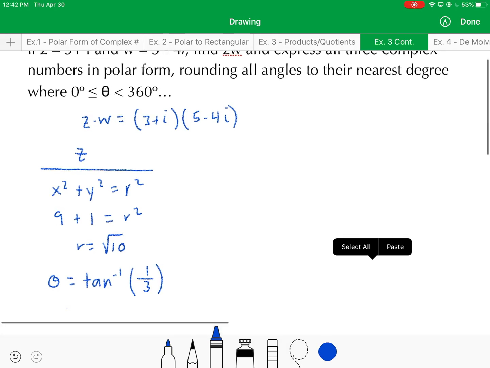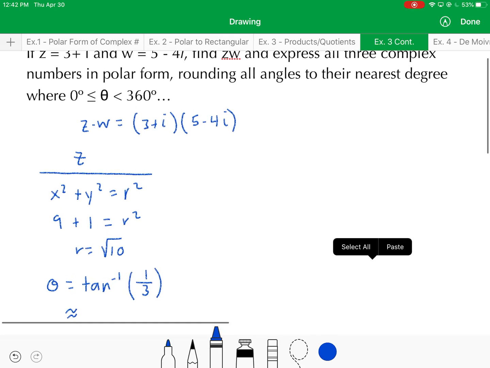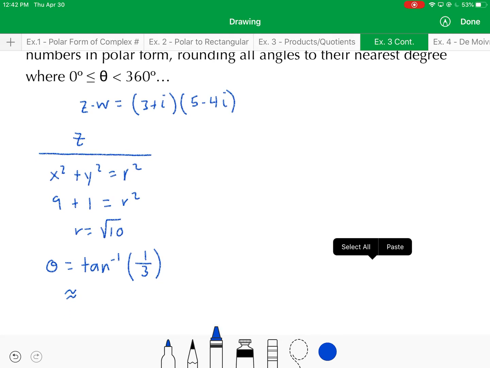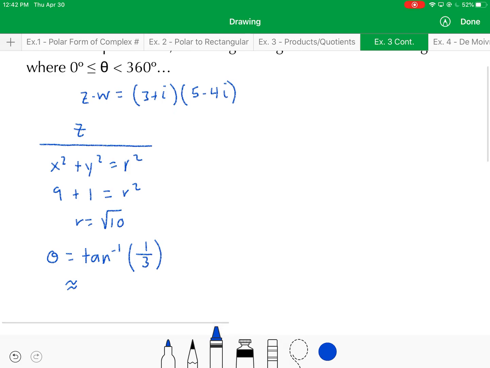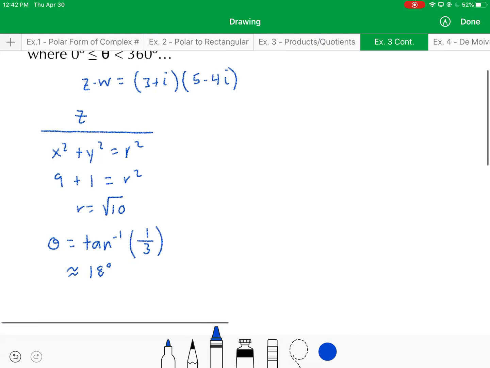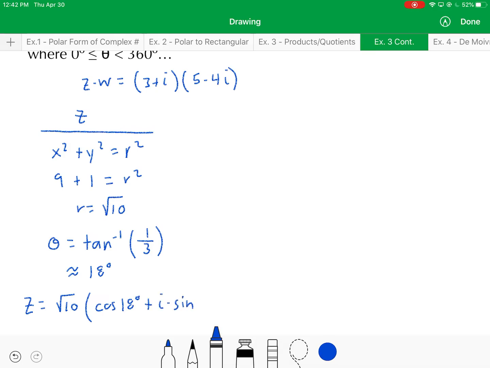And notice the directions here. It says round all angles to the nearest degree, right? So if I find inverse tangent of 1/3, that's 18.4 degrees. So I'm going to round that just to 18 degrees. Okay? So that means z can now be thought of as the square root of 10 multiplied by cosine of 18 degrees plus I times the sine of 18 degrees.